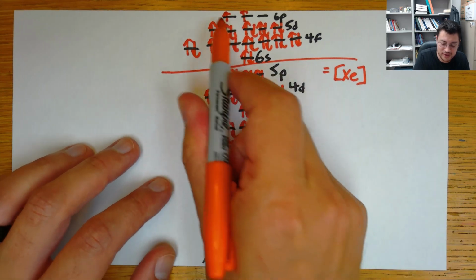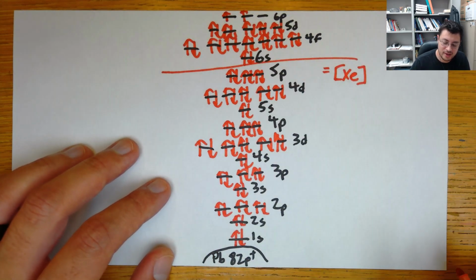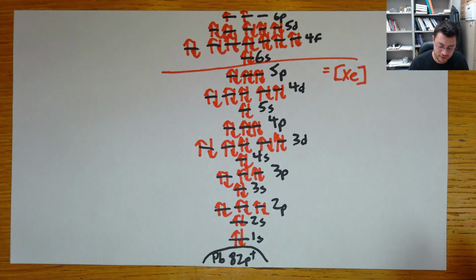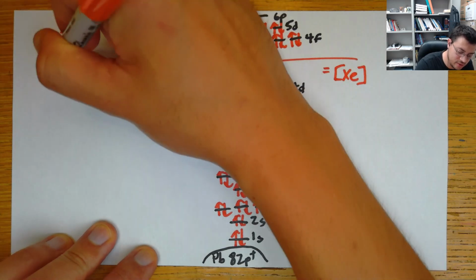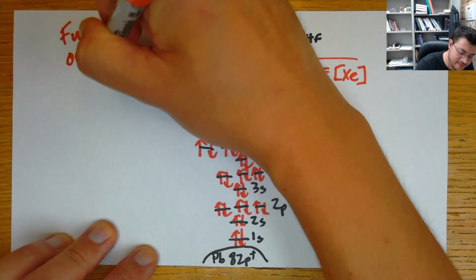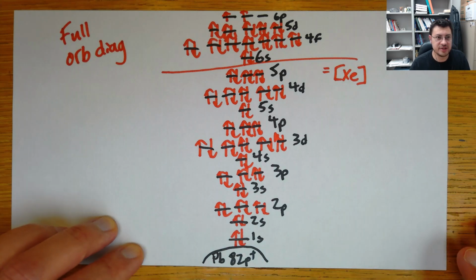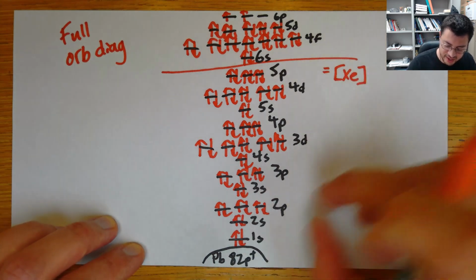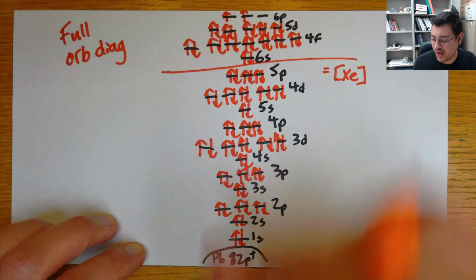They shouldn't be paired up until they must. All right, so 81, 82. And there we go. Okay, that would be the full orbital diagram. If you were doing a condensed orbital diagram, you would just write xenon to represent all of that, and then you would write out that.